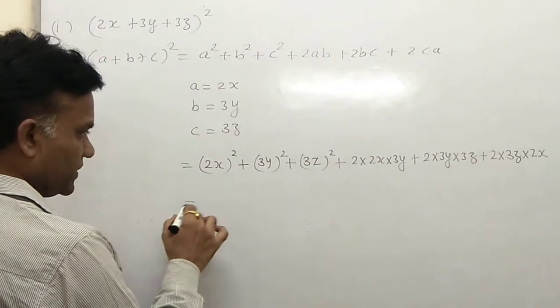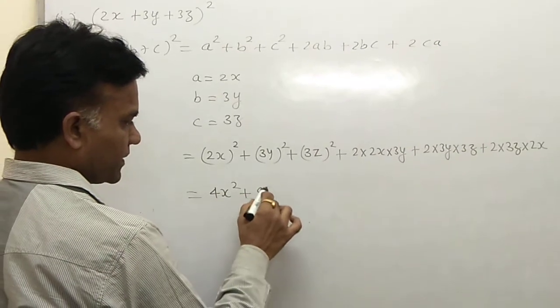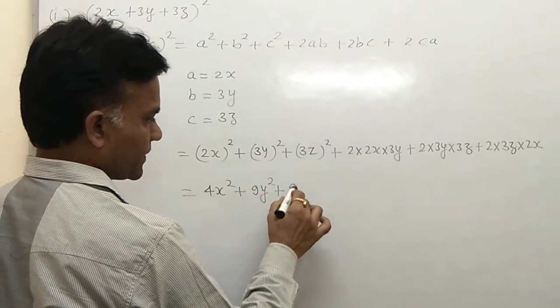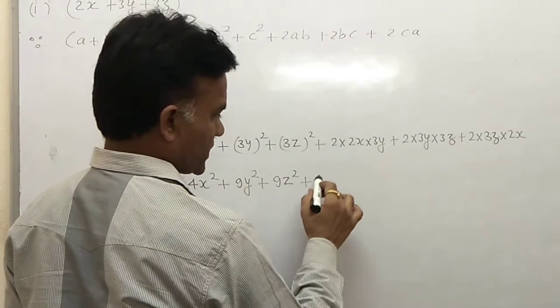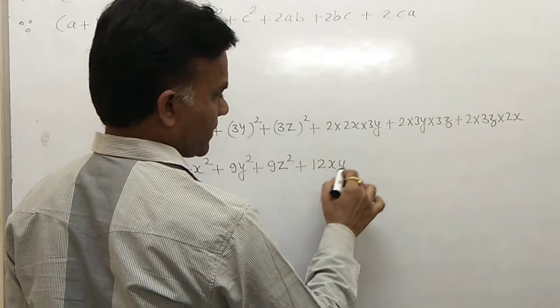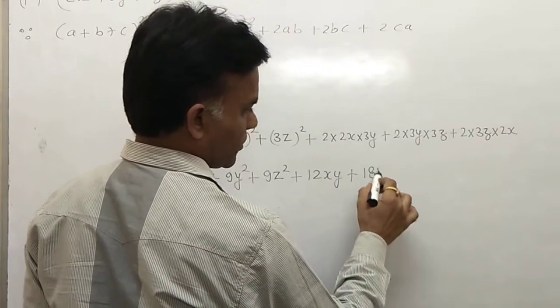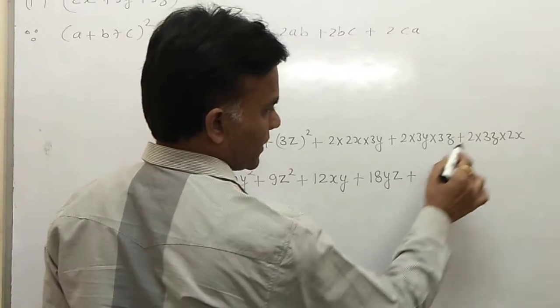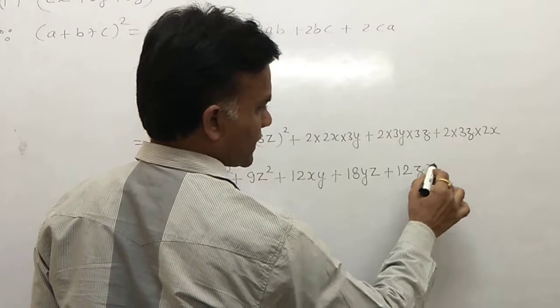Okay, so expand this: (2x) whole square is 4x square, 9y square, 9z square, 2 times 2 is 4, 4 times 3 is 12, xy; 2 times 3 is 6, 6 times 3 is 18, yz; 2 times 3 is 6, 6 times 2 is 12, zx.